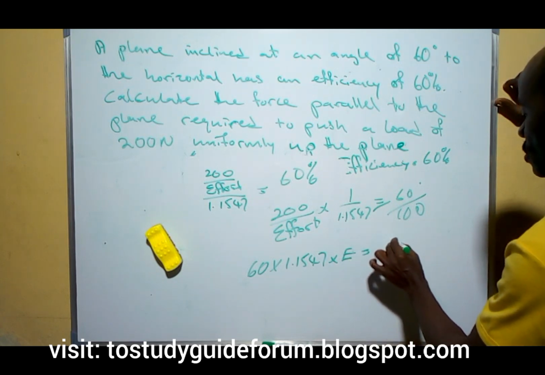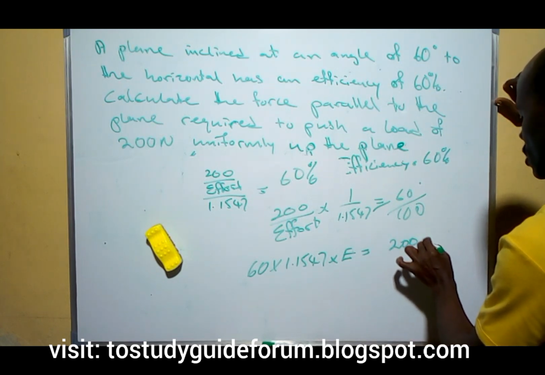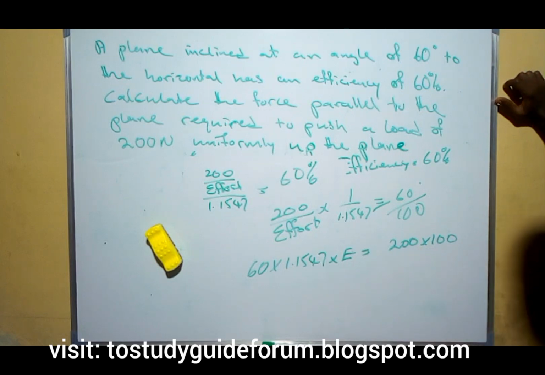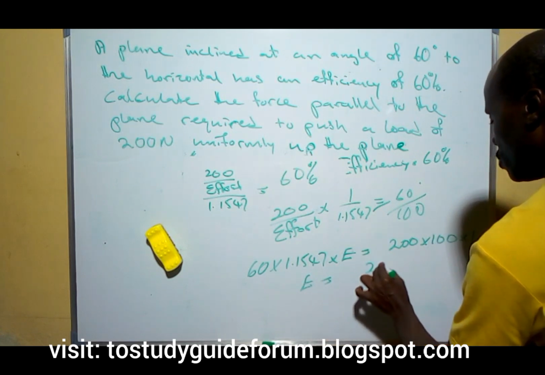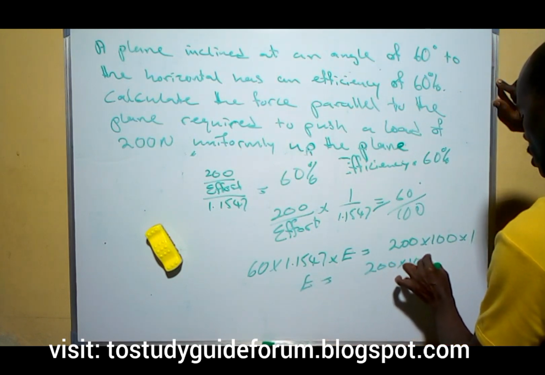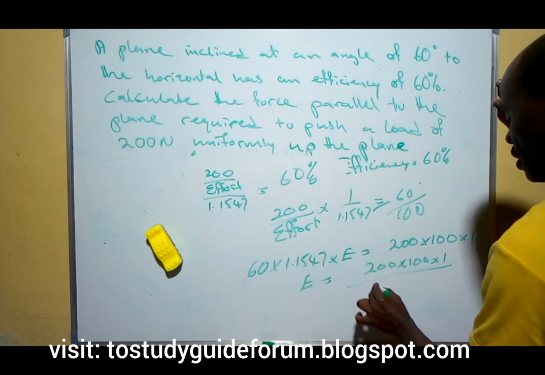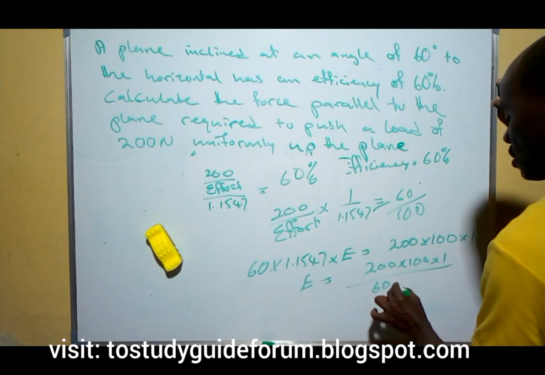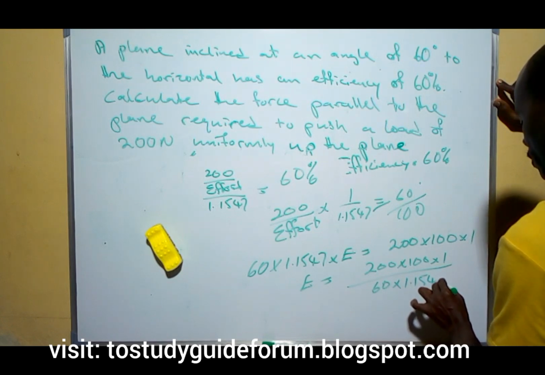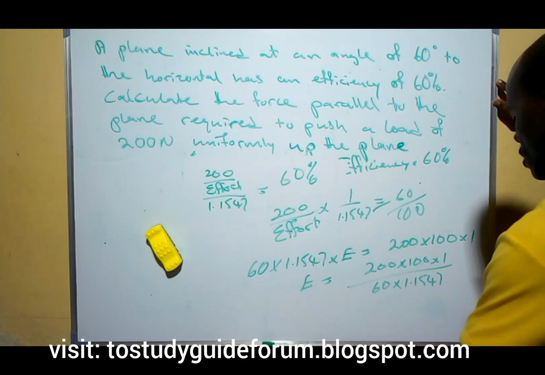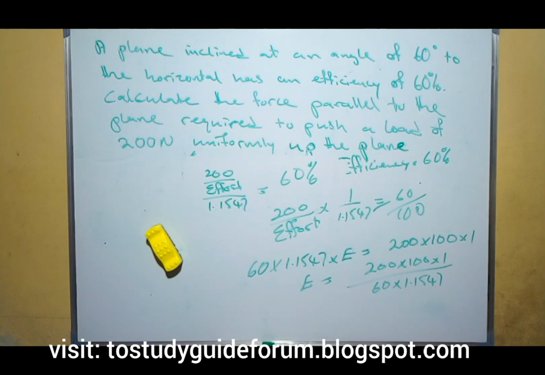Then times 200 times 100 times also 1. So our E now will be 200 times 100 times 1 all over 60 times 1.154. Then we multiply through.